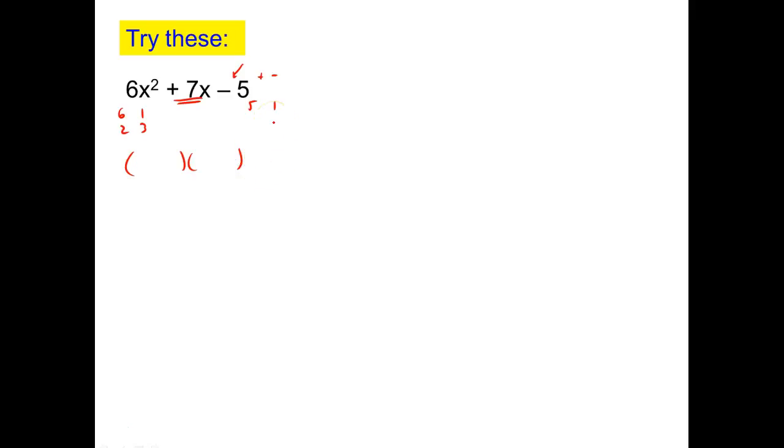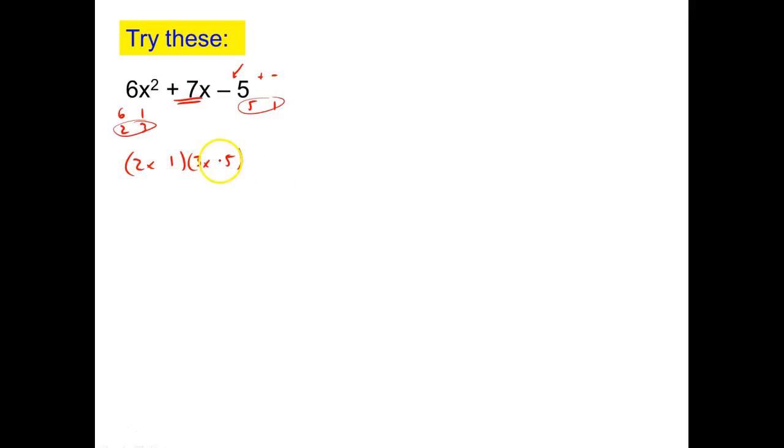What combinations are going to get me close to 7? Since I'll be subtracting, I'm thinking probably 2 and 3 and the 5 and the 1, because I can go 2x and 3x, and if I multiply the 2 times the 5, that gets me 10, and the 1 times the 3 gets me 3.